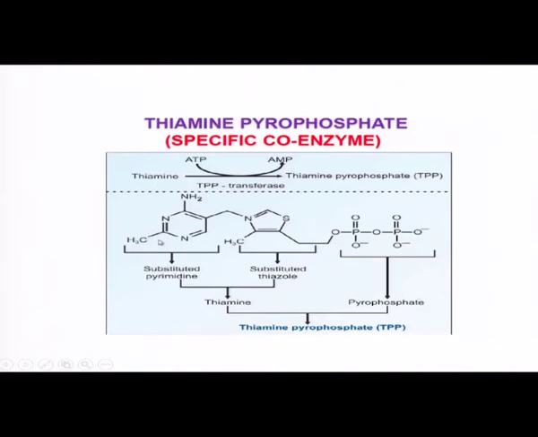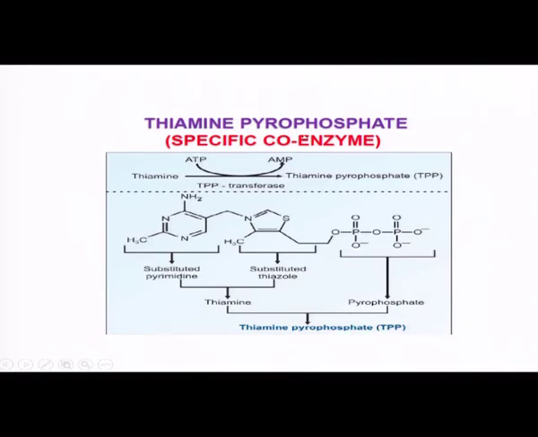Here you have a substituted pyrimidine derivative, here you have a substituted thiazole derivative, and to this you are adding 2 phosphate groups, and since they are dual in nature, they are called pyrophosphates. Together you call this entire structure thiamine pyrophosphate. Now, this particular reaction is catalyzed by a transferase enzyme, so we call it TPP transferase.